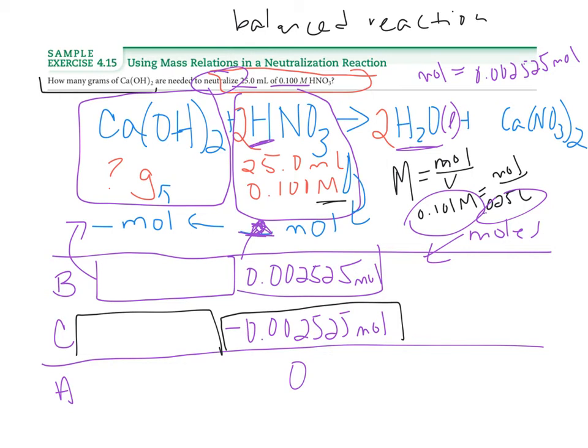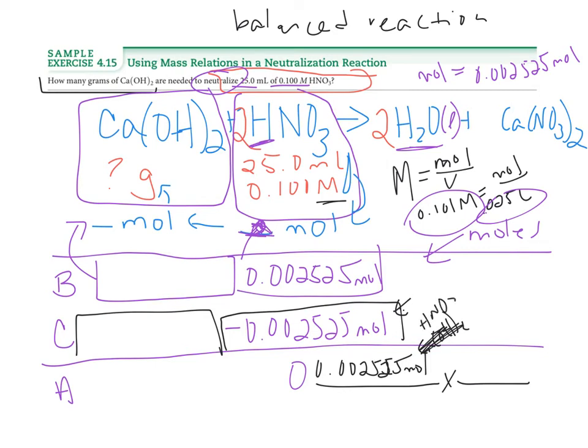We could figure that out if we wanted to. We could say 0.002525 moles of nitric acid, and we're going to multiply, or you could use your train tracks, by a molar ratio. This amount right here is moles of nitric acid, so I need to write HNO3 here. And my molar ratio, the way this will react with this, is 2-to-1.